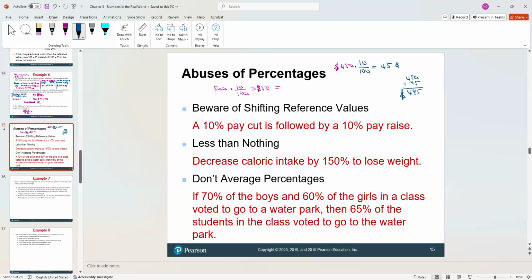That's not true, all right? Because what they do here is take 70% and add it to 60% and divide by two. That's not true, right? It's not true, unless they have the same weight.